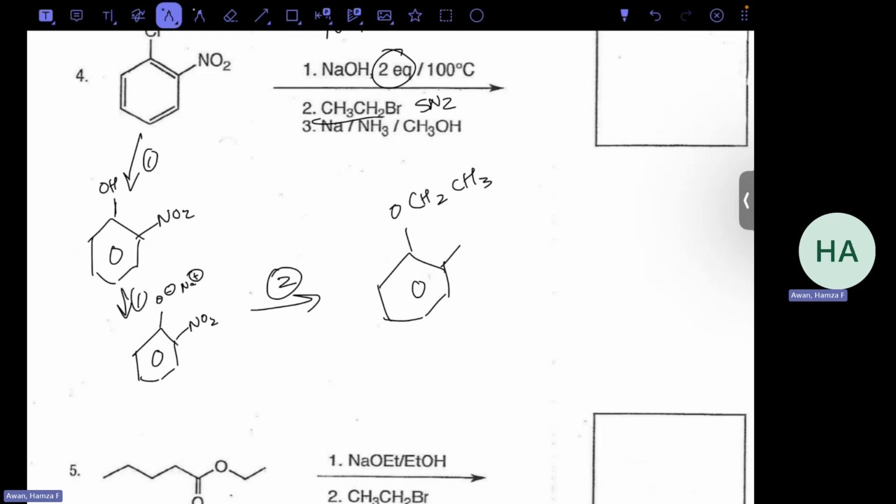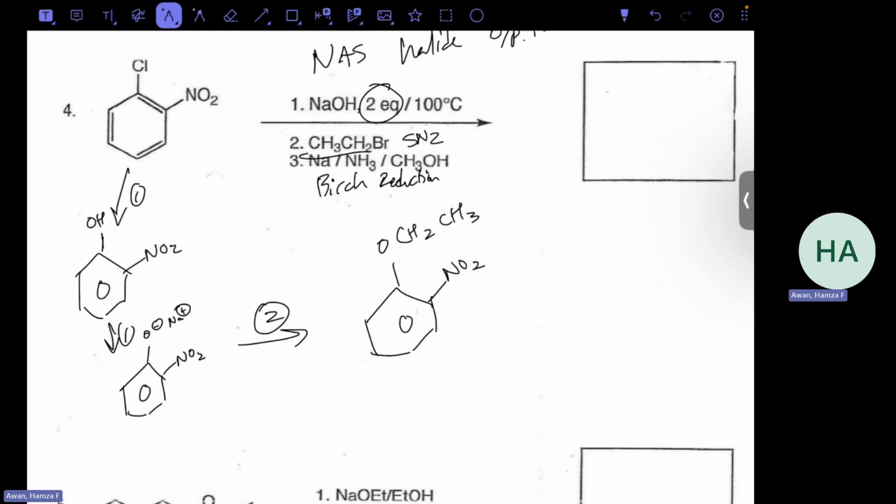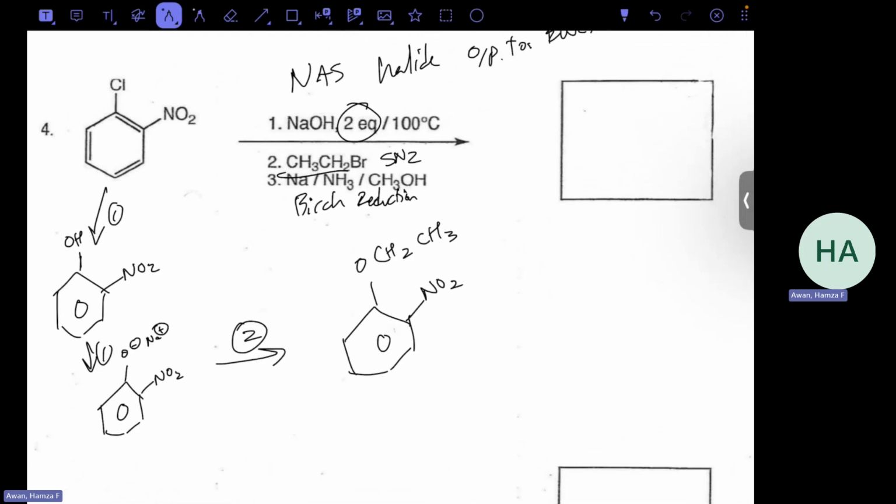And then lastly, we have our Birch reduction. In the Birch reduction, we take away one of the double bonds and then we create two parallel double bonds that are not attached to any electron withdrawing group.